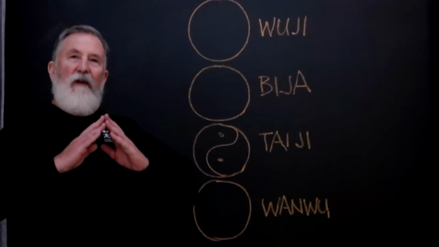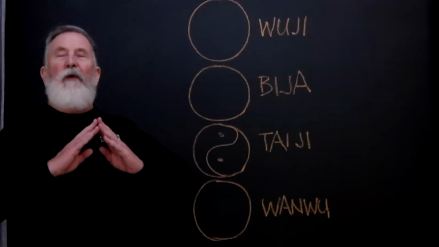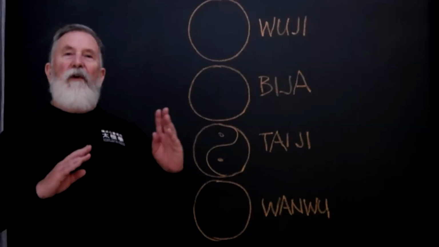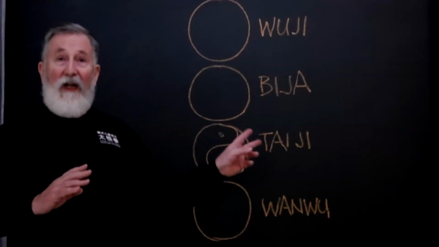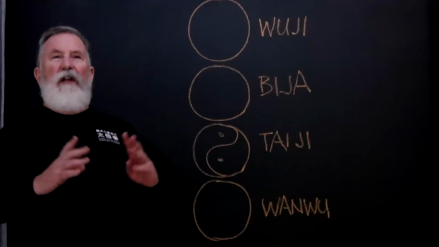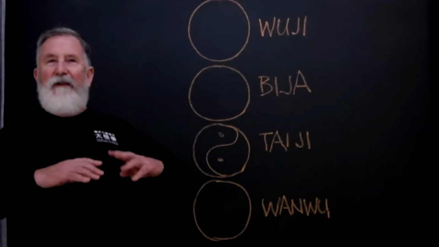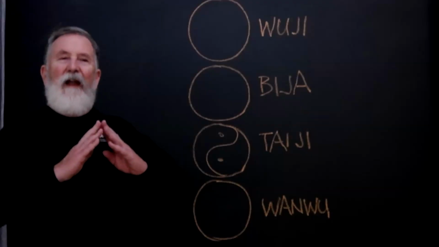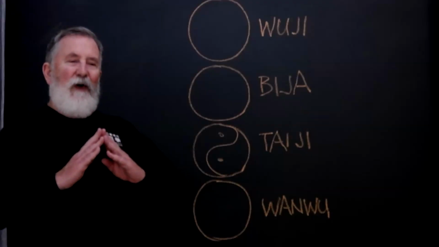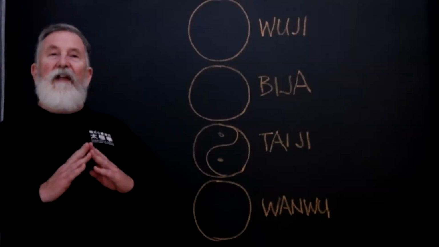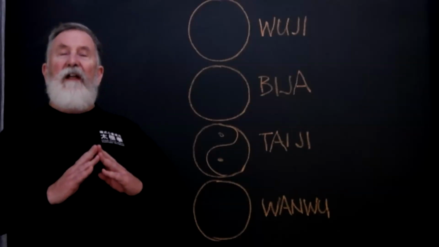So the word Ji used to refer to the ridgepole of a house. The word Taiji is actually two words, Tai and Ji. Tai means great or extreme, the most, right? So it's the most ridgepole. It is translated into English as extreme limits or the great limits.